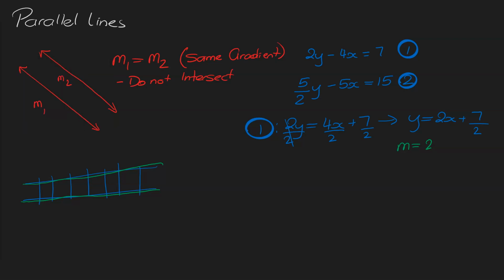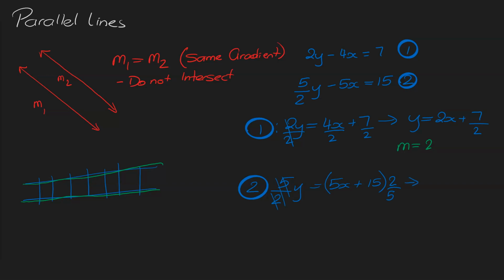Now I'll take my second equation: 5 over 2 y equals 5x plus 15. If I want to get rid of the 5 over 2, I have to multiply by the reciprocal, which is the fraction flipped over, so that will go away.